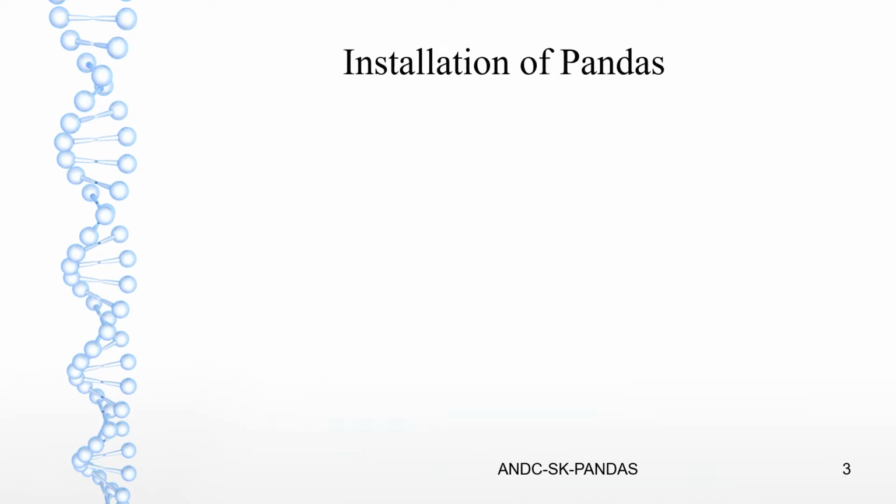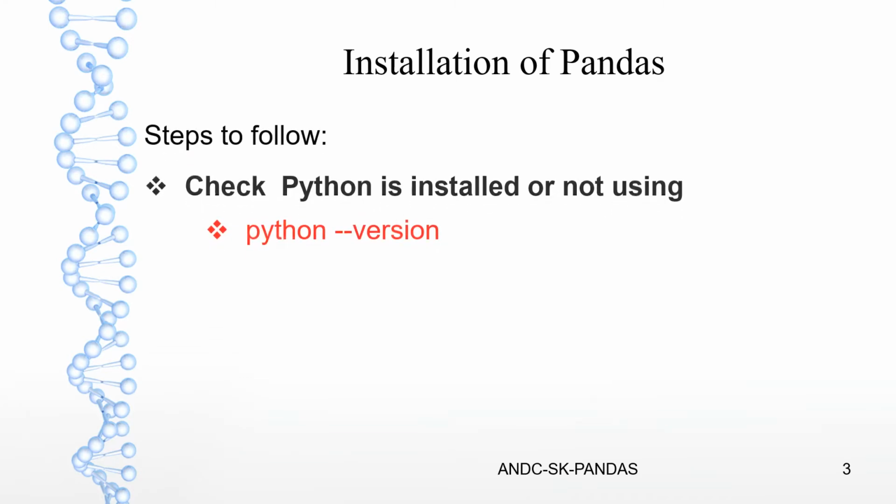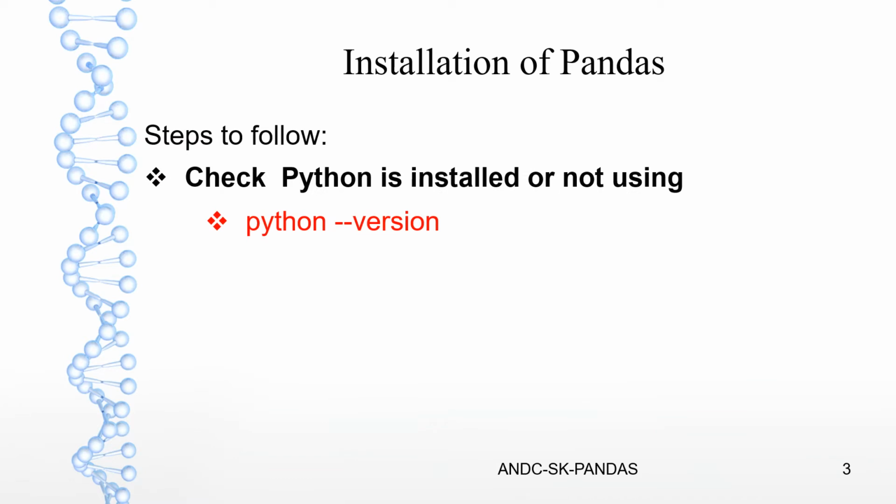Before starting to work with Pandas functionality, first of all, let us know how to install Pandas. Whenever you have to install Pandas, first you should know whether Python is installed on your system or not. For that purpose, you can use the command python --version. This will tell you the version of Python installed on your system. Otherwise, you will get a message that no Python is installed.